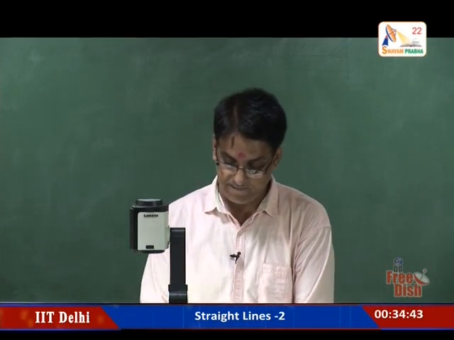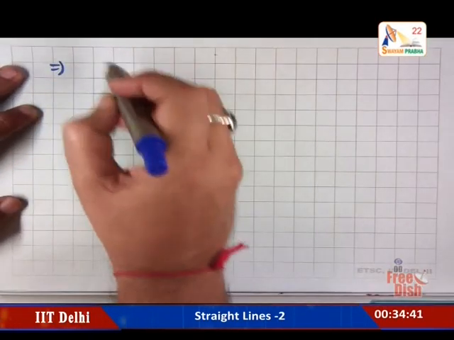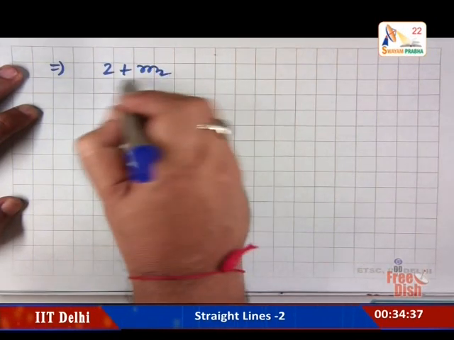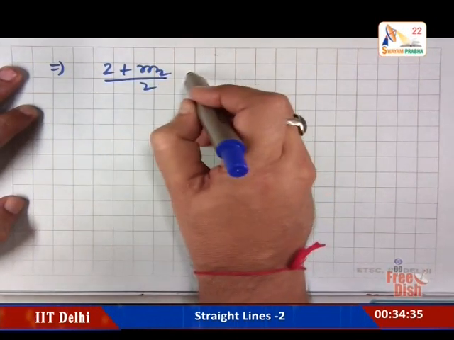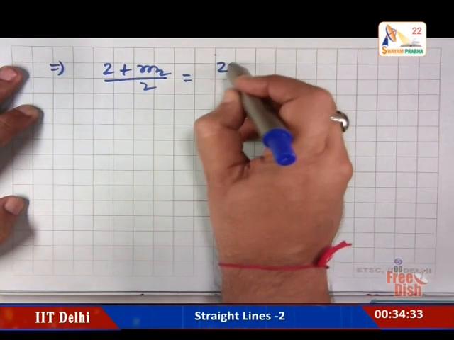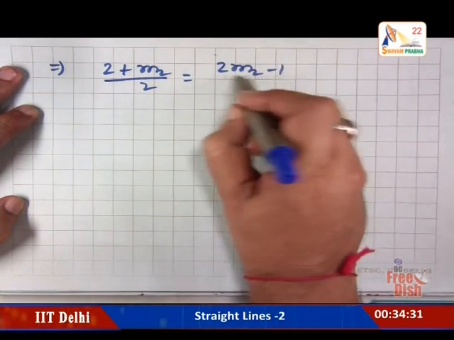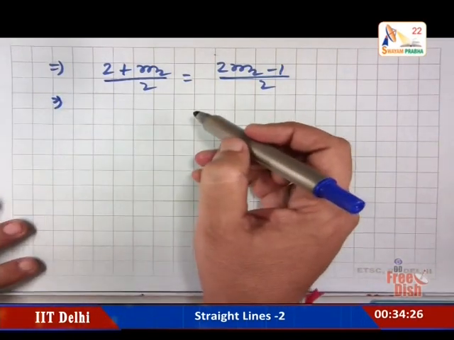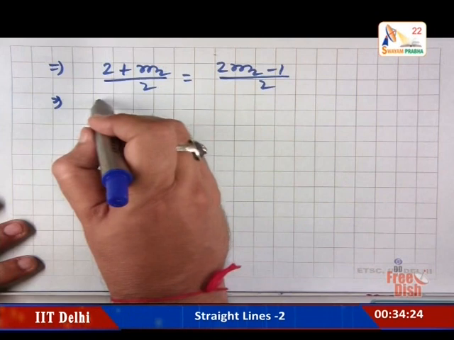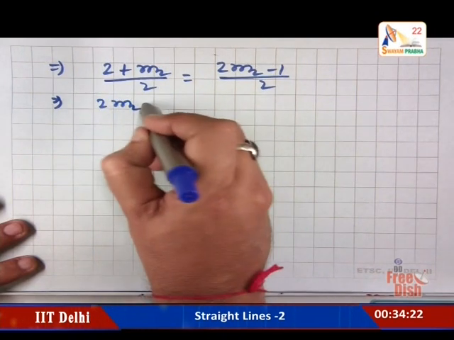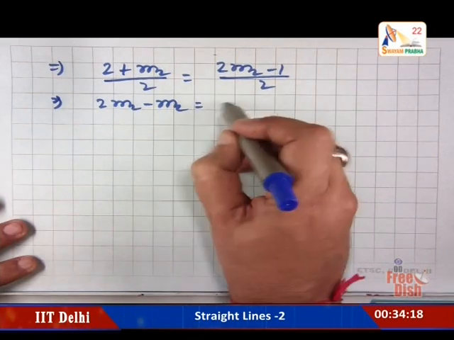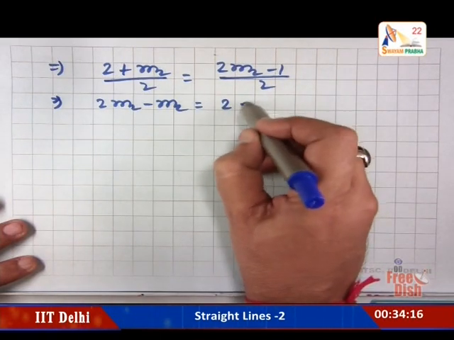This implies 2 plus m2 by 2 is equal to 2m2 minus 1 by 2. The 2 cancels. So 2m2 minus m2 is equal to 2 plus 1.